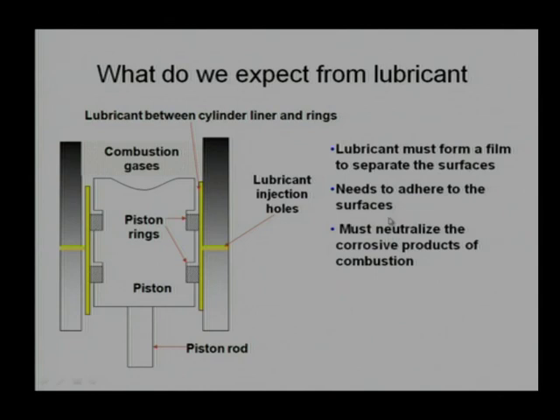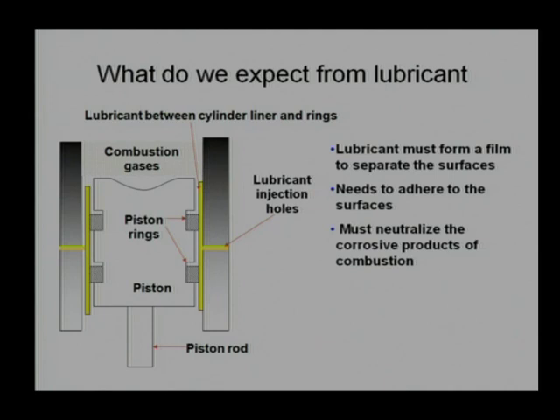And in addition to these two requirements, there is another requirement, that this lubricant must neutralize the corrosive products which are produced due to the combustion process. Some gases are produced, and when they get mixed with lubricant, they form acids like chloric acid, which will create a corrosive environment and will corrode the machine parts or IC engine parts.